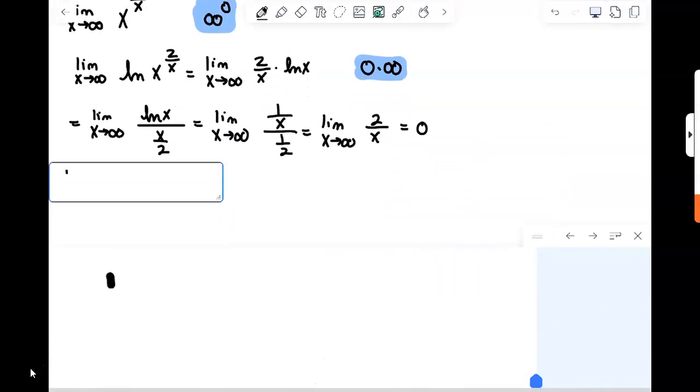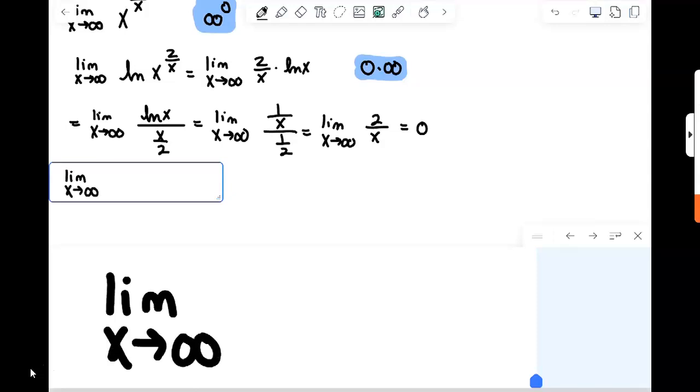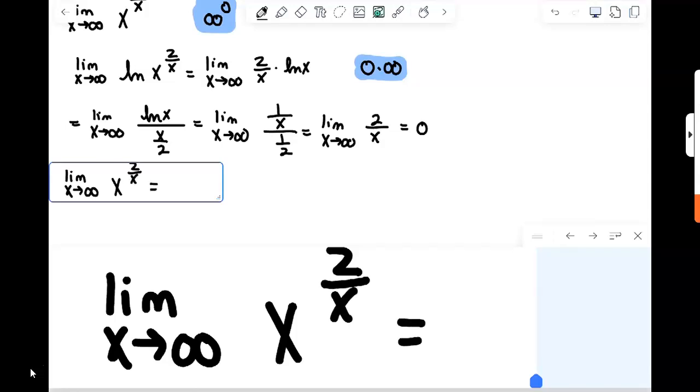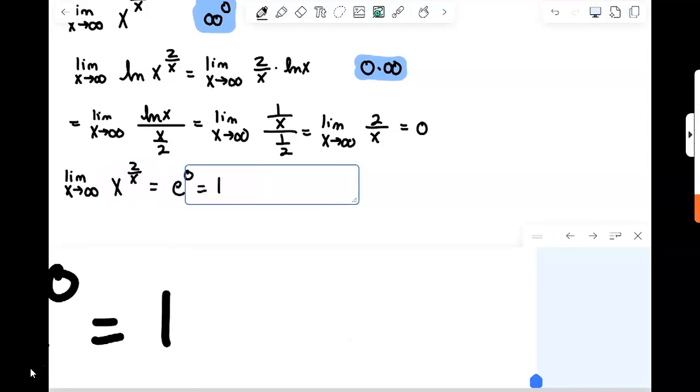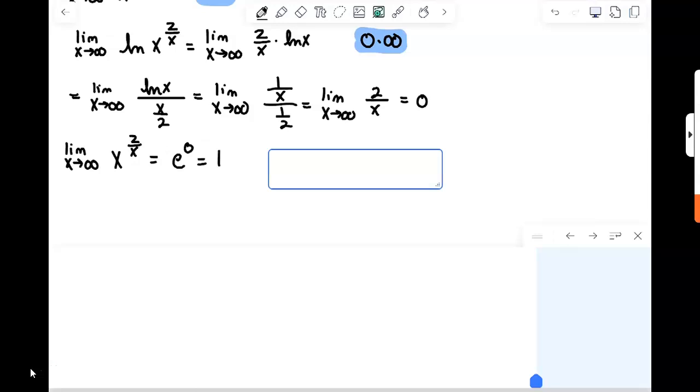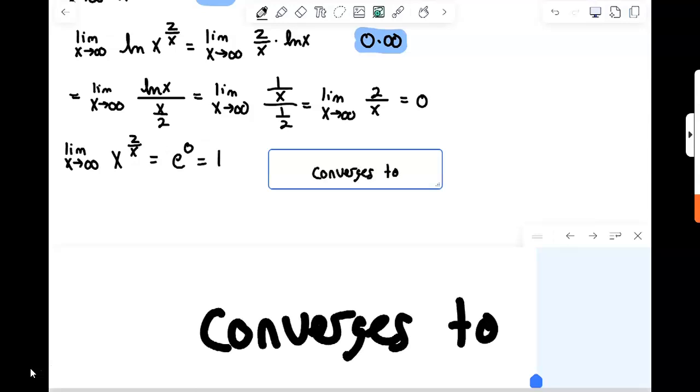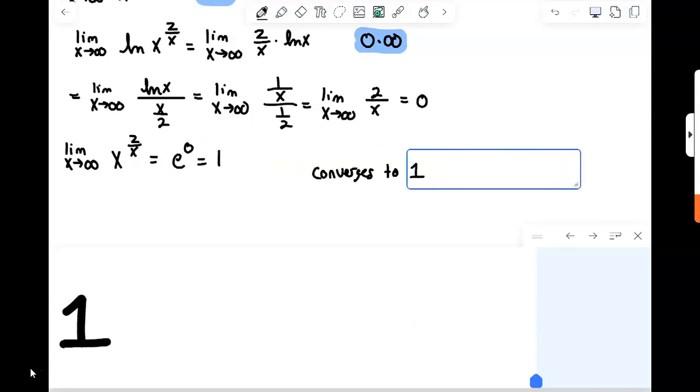So we get that the limit as x approaches infinity of x to the 2 over x is equal to e to the 0, which is equal to 1. So therefore, this sequence converges to 1. This sequence here actually is going to converge to 1.